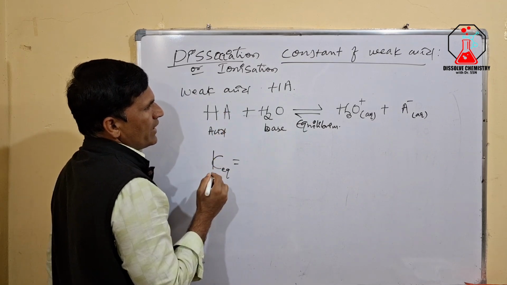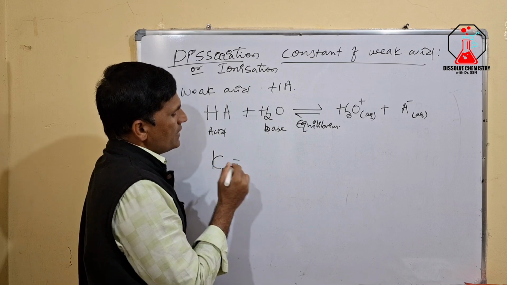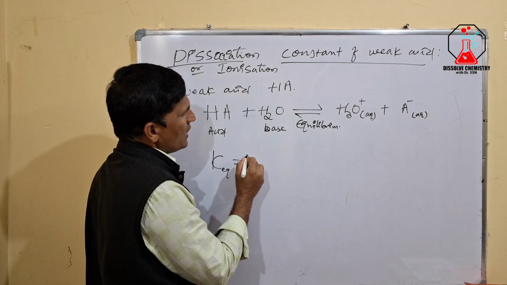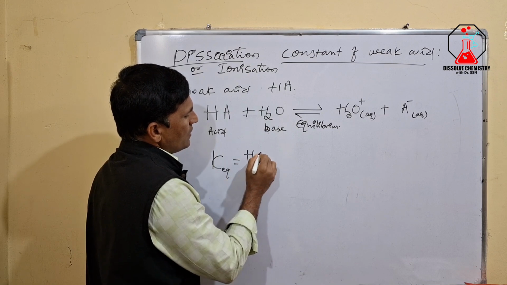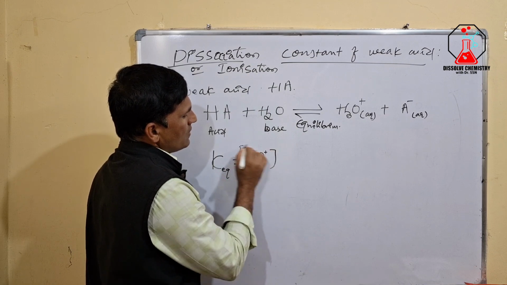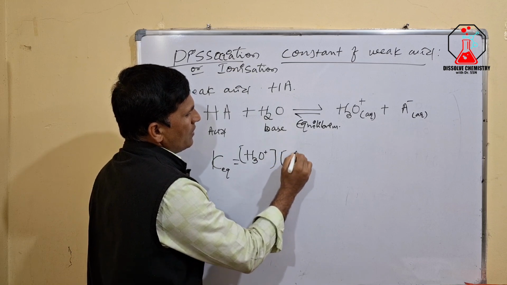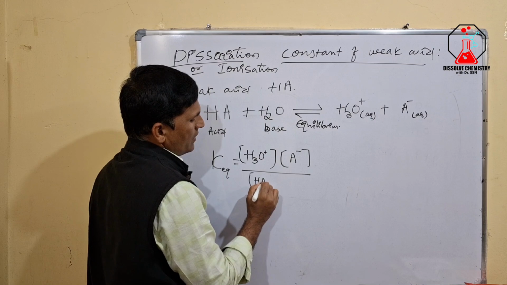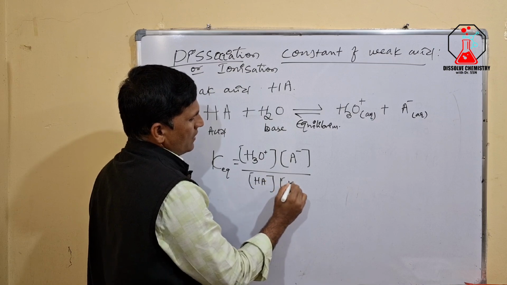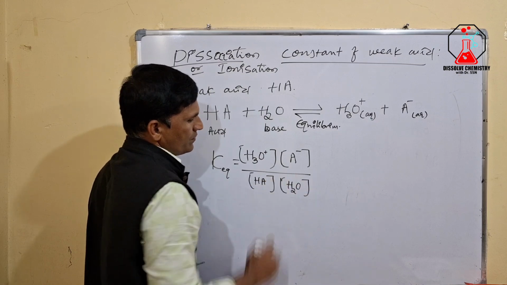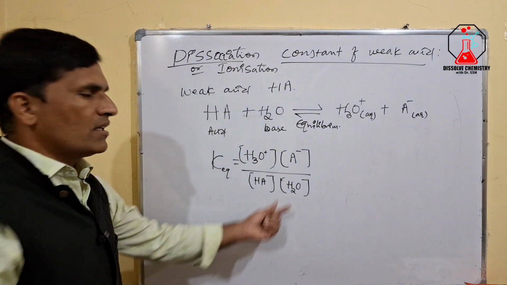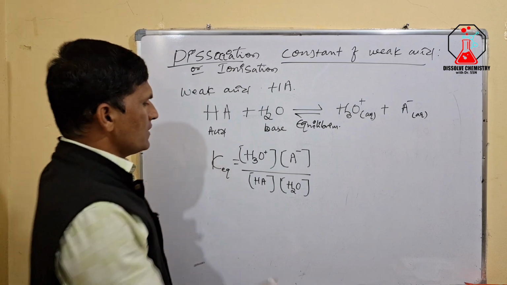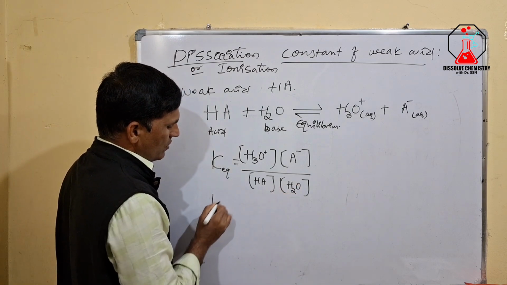K equals H3O plus into A minus divided by HA into H2O. We know that water is present in a large quantity compared to the acid, so it is taken as constant.